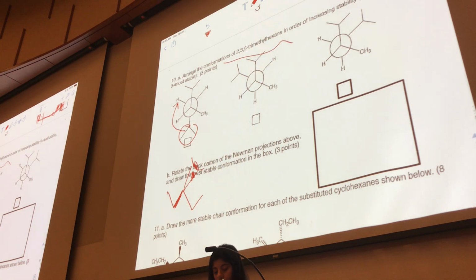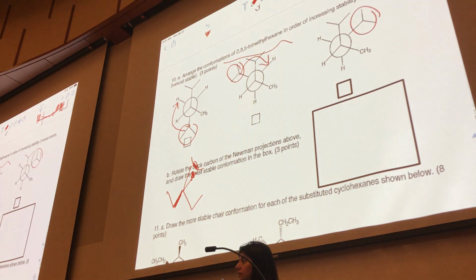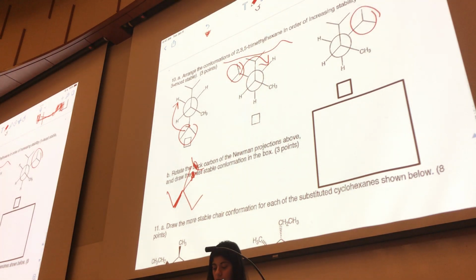So you're going to move this over, and that's what's giving you this. Does everyone see that? You rotate it one more time, and that's what's giving you this. Everyone see that? Okay. So we are rotating the back carbon by 120 degrees every time.